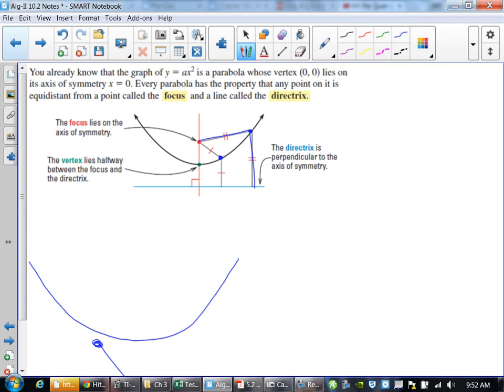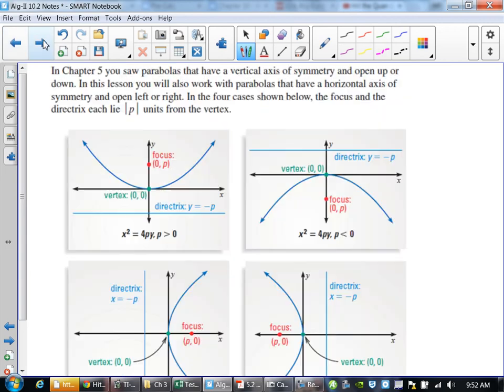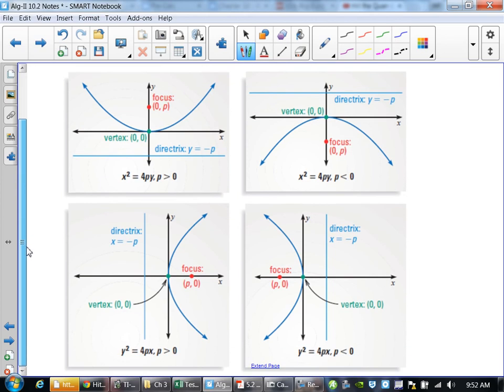So let me show you how this works. Don't write all this out right now. There are going to be 4 very basic things to look at. If it's an x squared, it'll be up if p is positive.